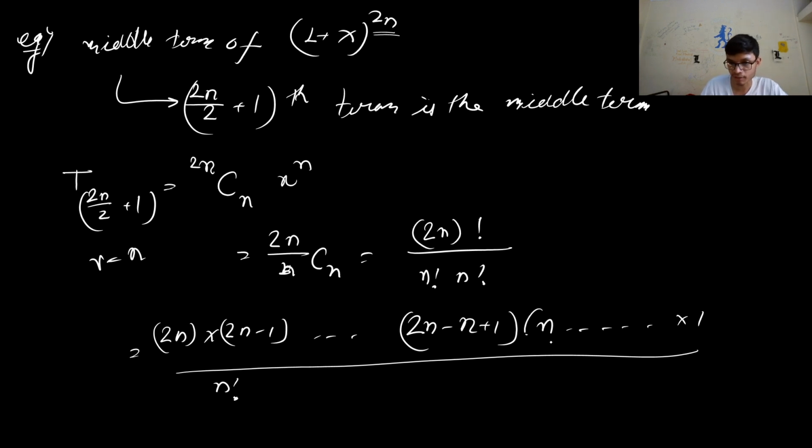We see that 1 times up to n is n!, and this n! cancels, and we are left with 2n times (2n-1) and so on up to (2n-n+1), divided by n!.